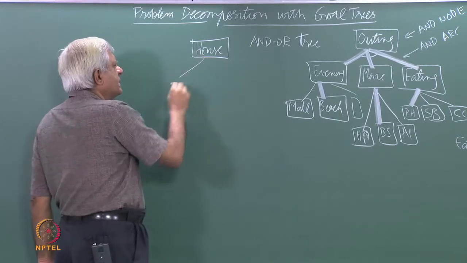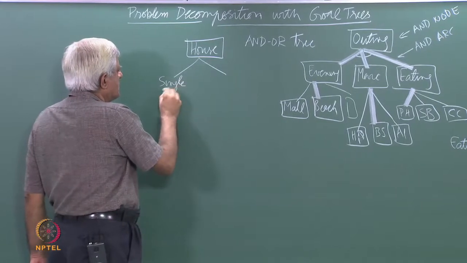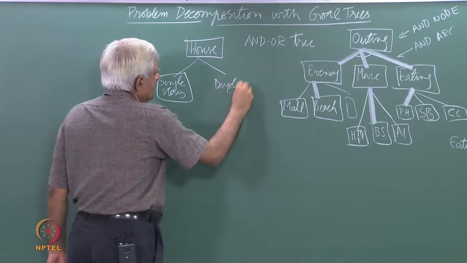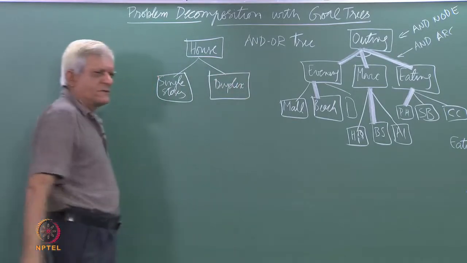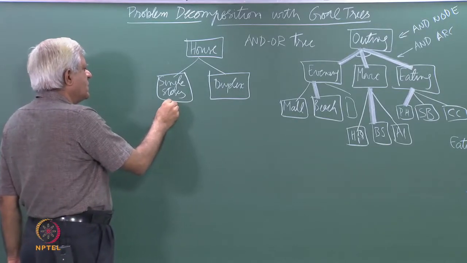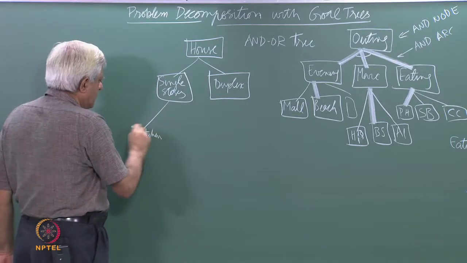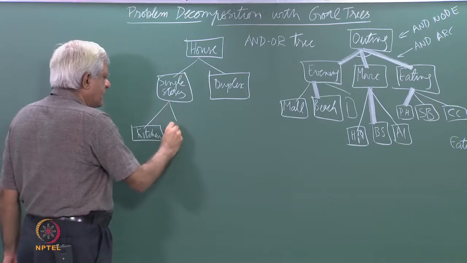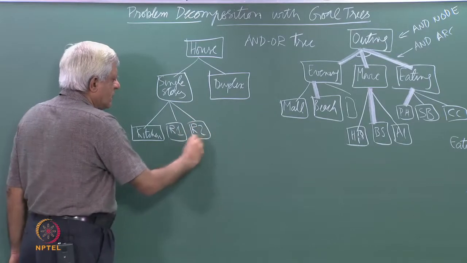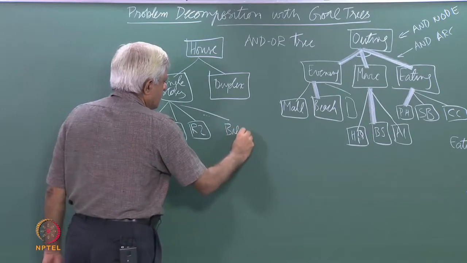Just to take some simple variations, you might say something like single story or a duplex, these might be choices, and then a single story house may say that you have to make a kitchen followed by, let us say, room 1, so I will just say R1, followed by R2 and so on, and let us say balcony.